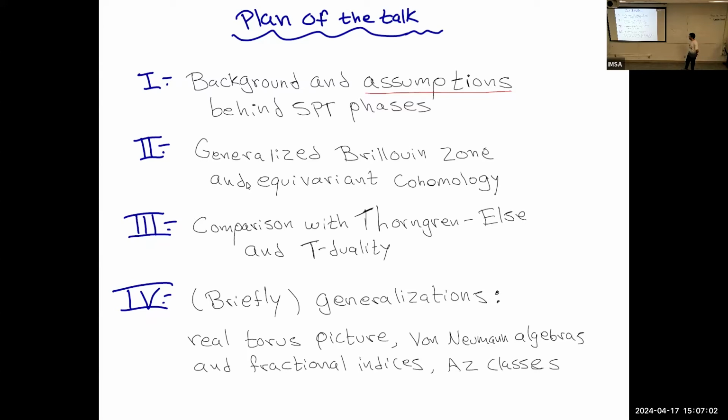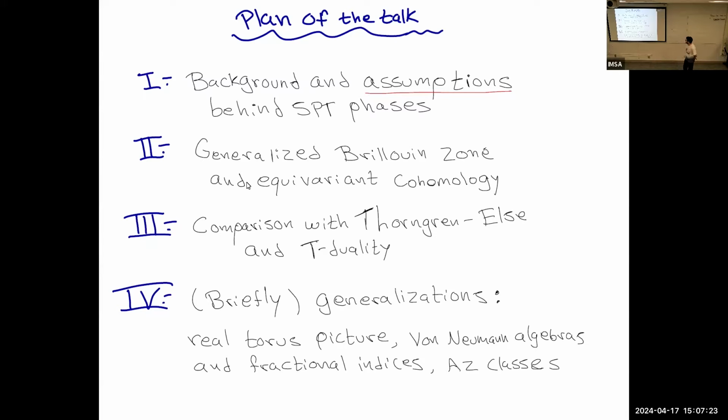I will then compare to what is done for crystalline SPT phases, where the most popular classification is by Brian Thorngren and Dominic Else. I think somebody here works with Brian. Please let him know what I say here and see if he's interested.